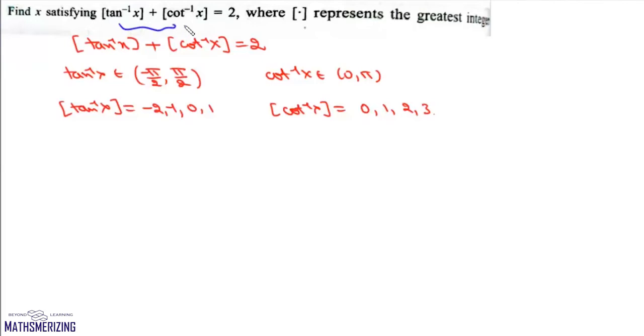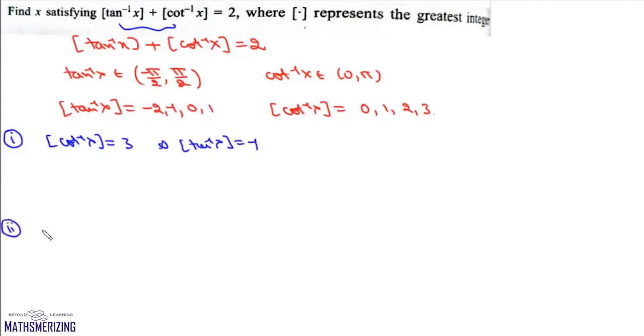Now this sum can be 2 in case 1, when the greatest integer function of cot inverse x is 3, and the greatest integer function of tan inverse x is minus 1.